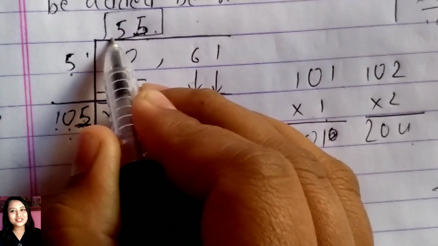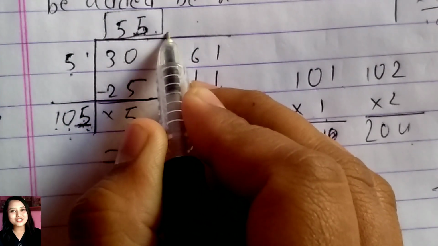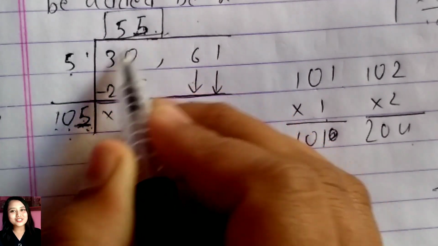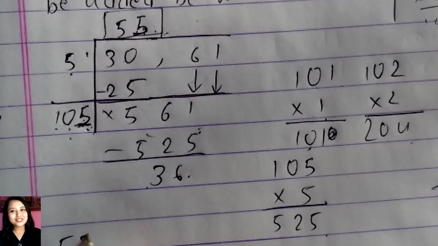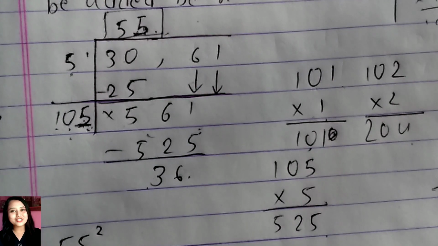This one is 55, and 55 squared makes a perfect square. This is the lower one.